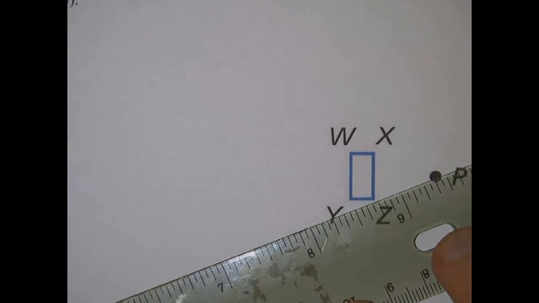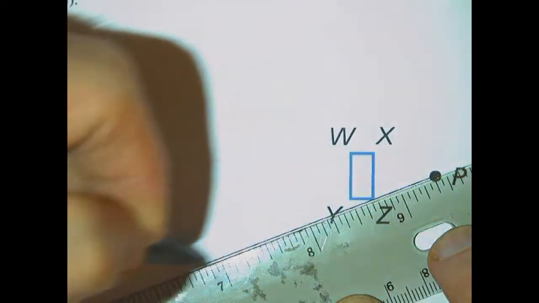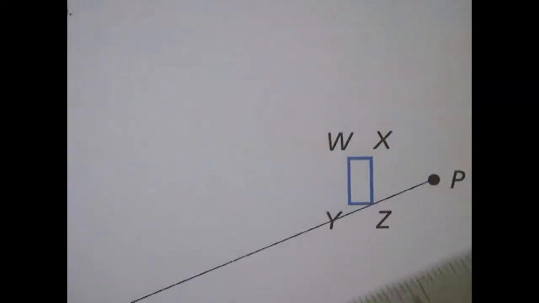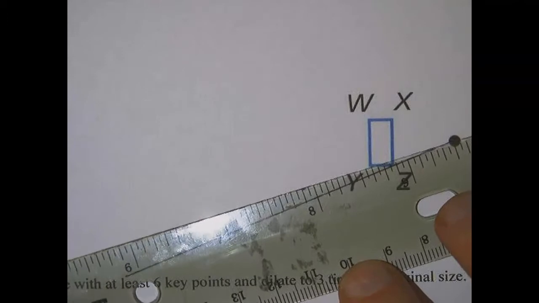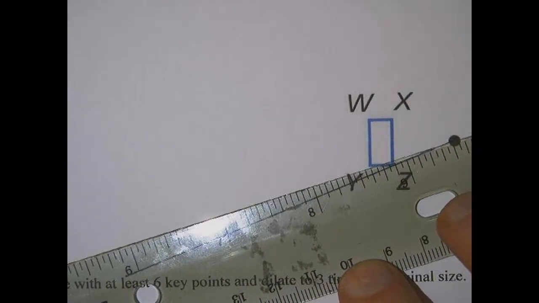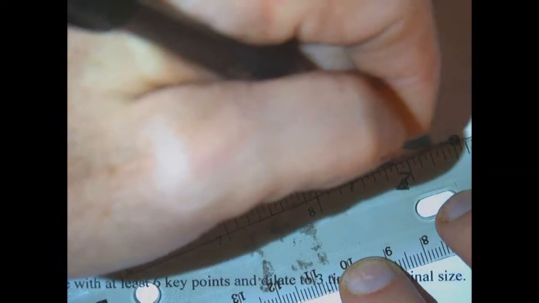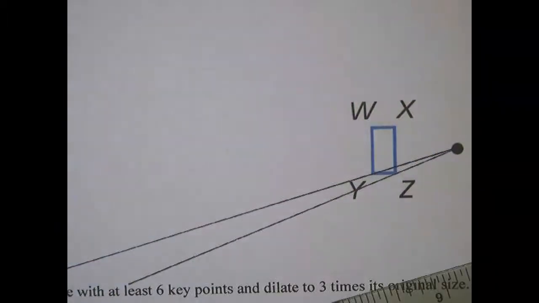So I'm going to go through Z first, and I'm going to make a nice long line there from Z, just up to there. Then I'm going to go from the point through Y, a nice long line from P through Y, there we go.